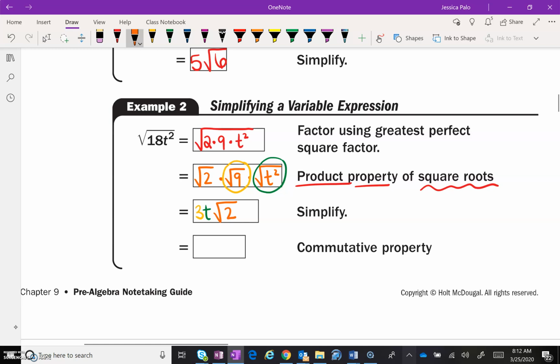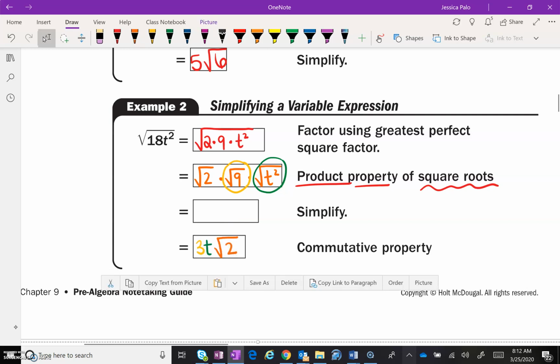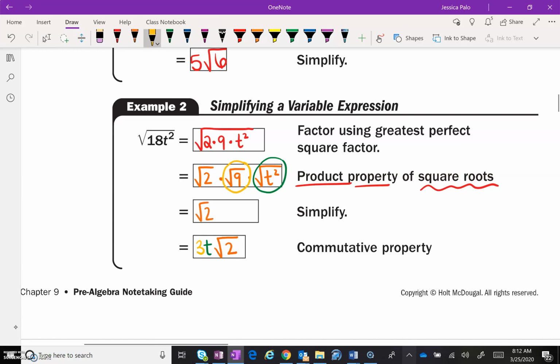All right, so this is actually our final answer. If we were to simplify and then use the commutative property, that's what you would get. So let's simplify first, and then I'll use the commutative property. Radical 2 times 3 times t.